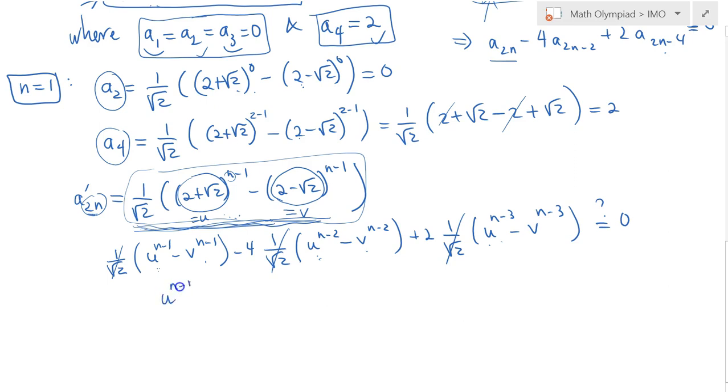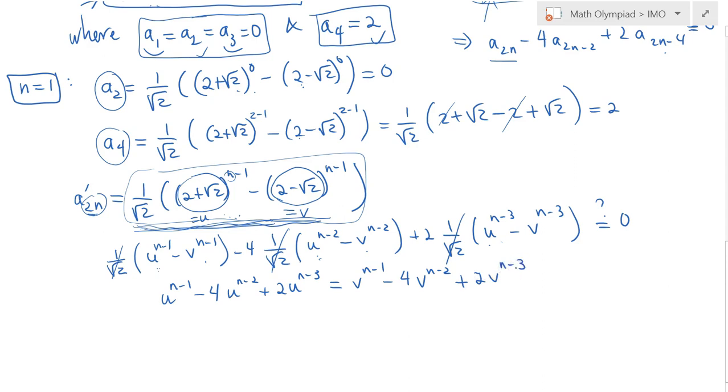Let's do it in 2 steps. u to the power n minus 1 minus 4 times u to the power n minus 2 plus 2 times u to the power n minus 3 is equal to v to the power n minus 1 minus 4 times v to the power n minus 2 plus 2 times v to the power n minus 3, when you send it to the other side.